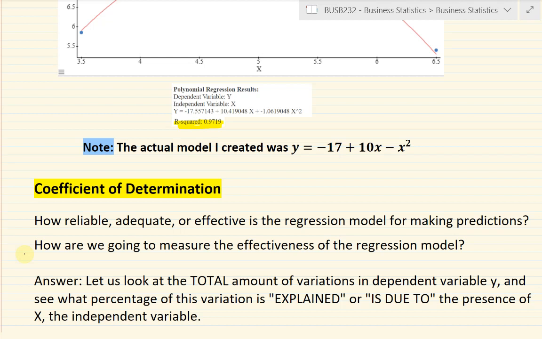For example, let's say I'm looking at the total variation in the price of homes in my neighborhood, and what percentage of it is explained by the size of individual homes. That's the premise.